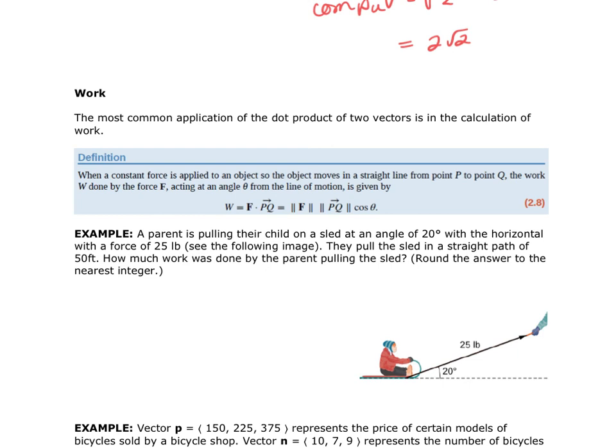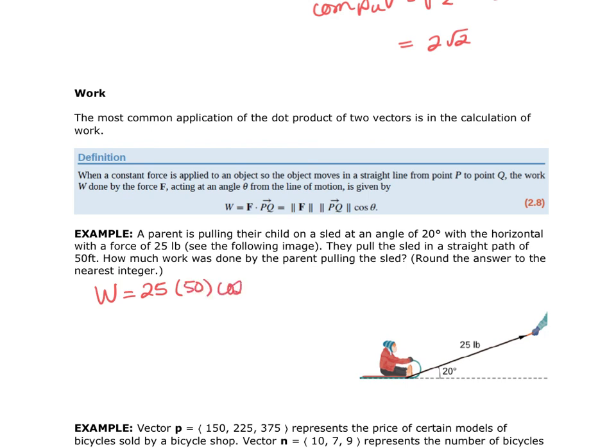So all we have to do then is find the work, which is equal to the force. The force is 25 pounds. And then I have to do the distance I need to travel. I need to travel 50 feet, excuse me. That is the magnitude in that direction, so 50 feet.